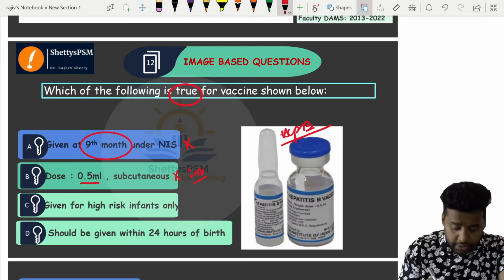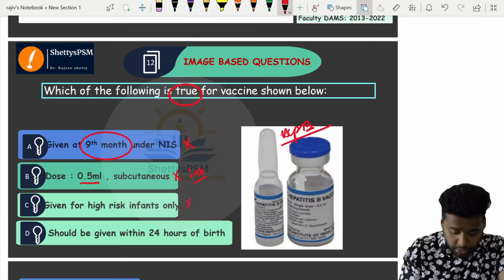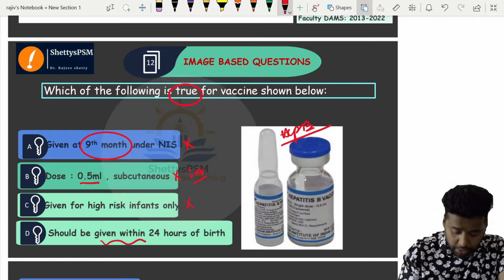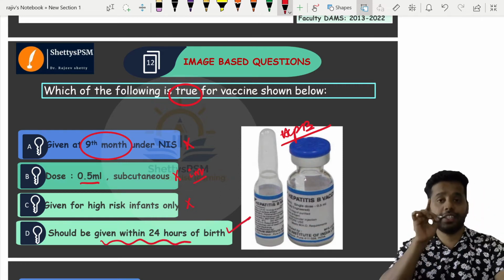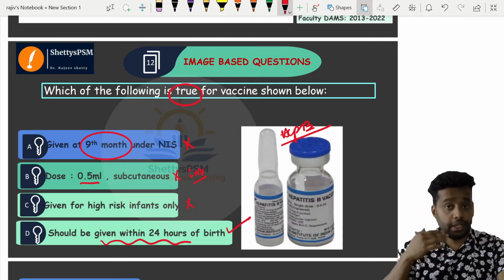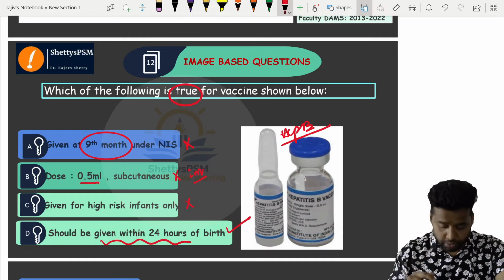Given for high-risk infants only, no. It is for all the newborn in our country, good. Should be given within 24 hours of birth, that is correct, very very important. To prevent perinatal transmission, it has to be given within 24 hours of birth.